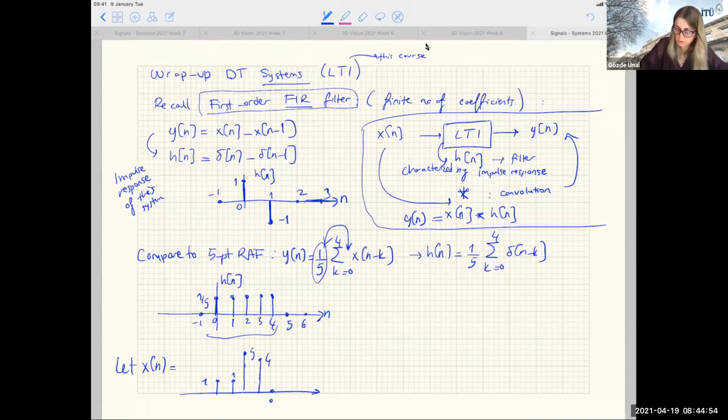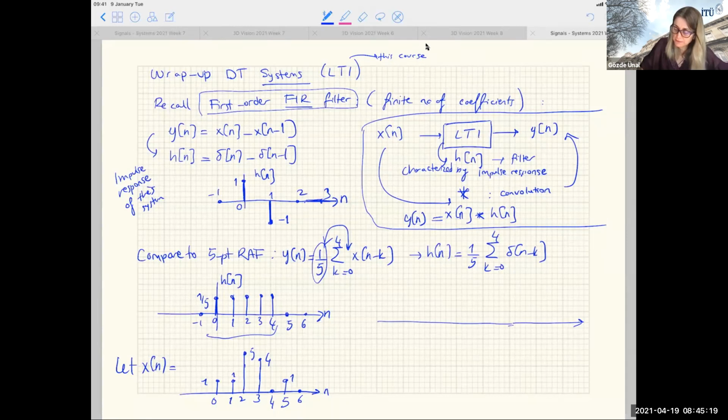It actually starts from index 0 here, then 3, 4, and 5. And it's 0 everywhere else. So let's say this is the input signal. Now let's see the output for both of the systems. You can do this, guys, and let's just plot the results.